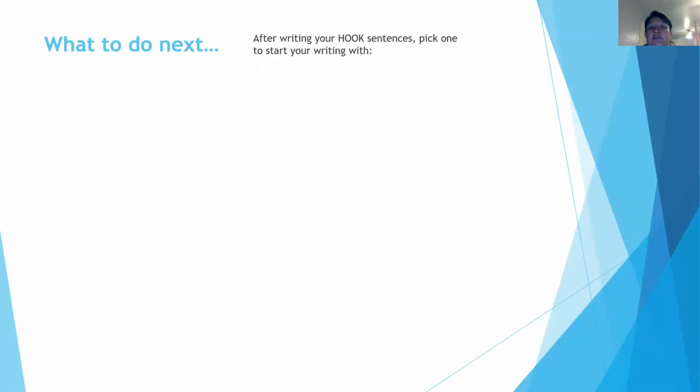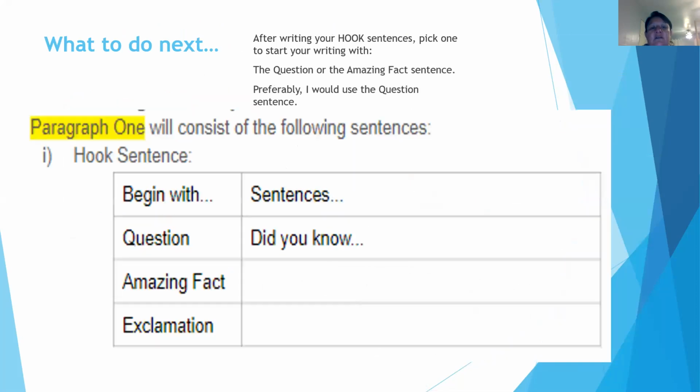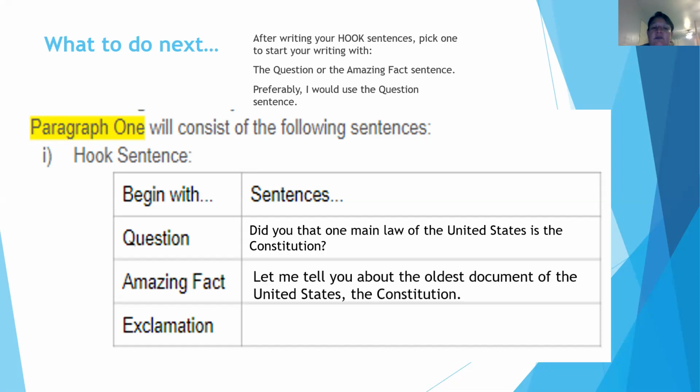So after writing your hook sentences, pick one to start with. So we're going to do 1. Did you know that the main law of the United States is the Constitution? Next one, let me tell you about the oldest document of the United States, the Constitution. So these 2 sentences you will be using in your writing.